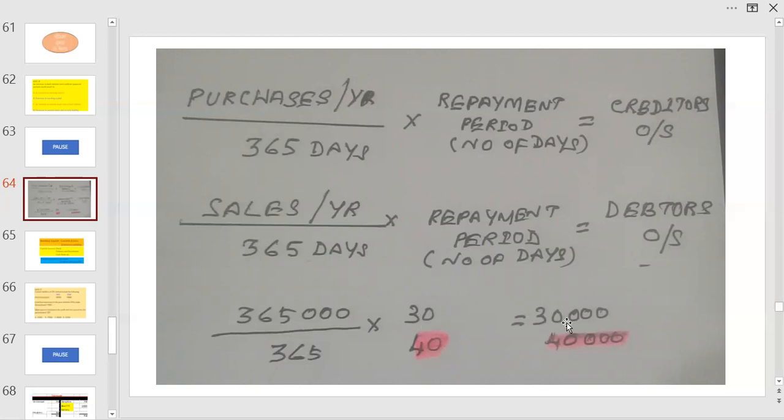In that case, the outstanding amount, either creditors balance or debtors balance, will be 30,000. As you see here, in the highlight, if instead of 30 days it is 40 days, it means the amount will naturally be more. If the number of days is reduced, the amount will get reduced. If the number of days is increased, the amount will get increased. Now we will go back to another slide just to recapitulate what we already know.